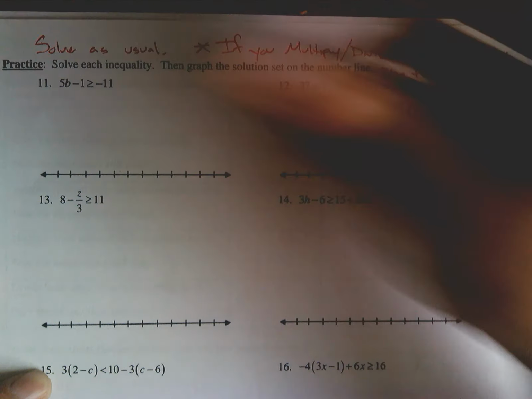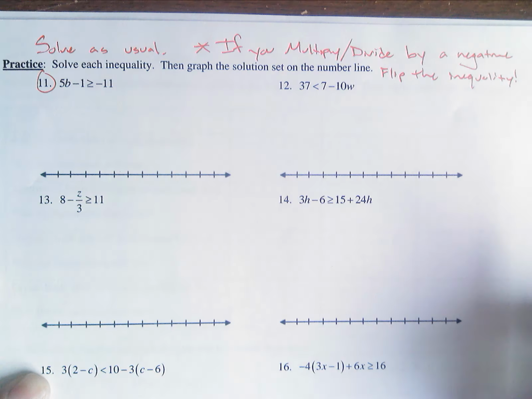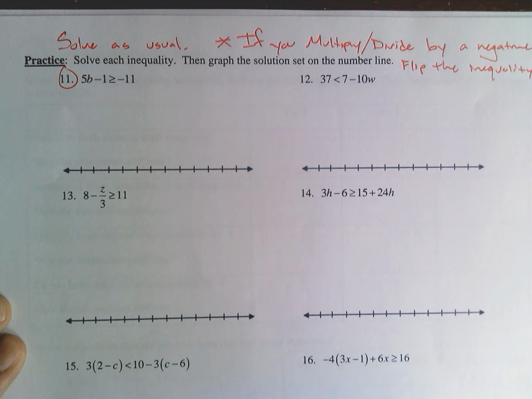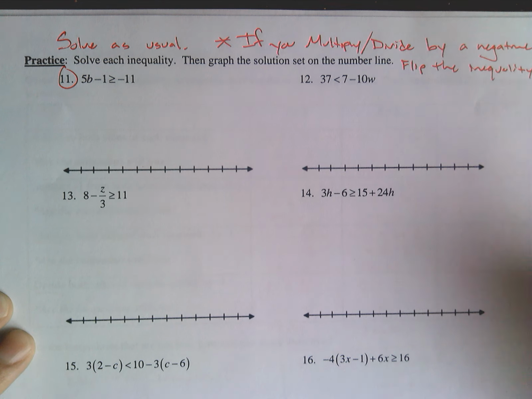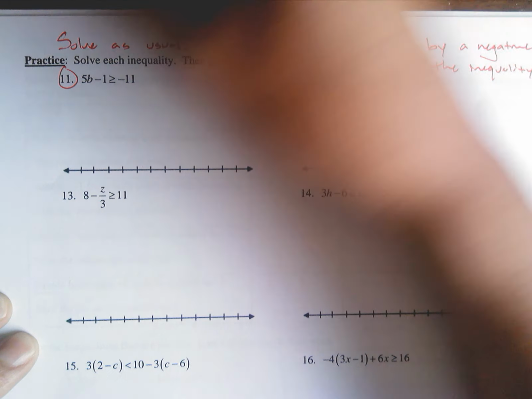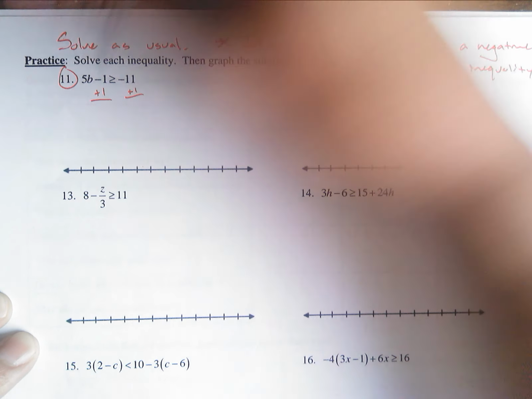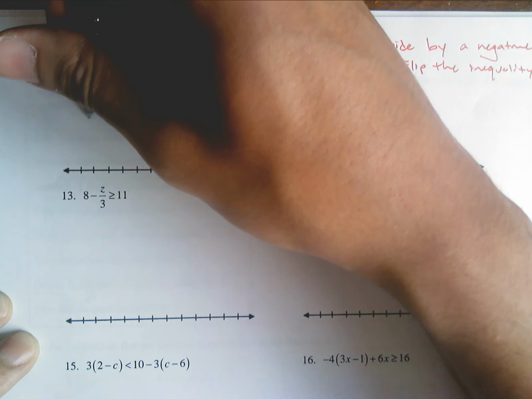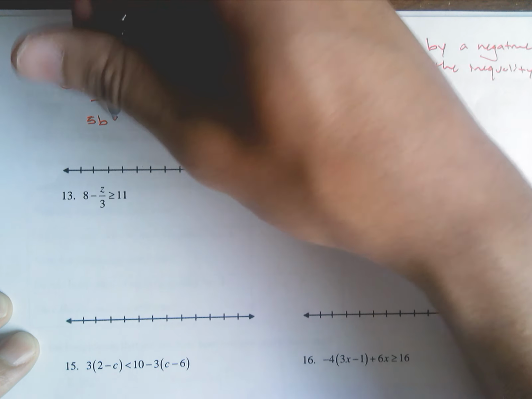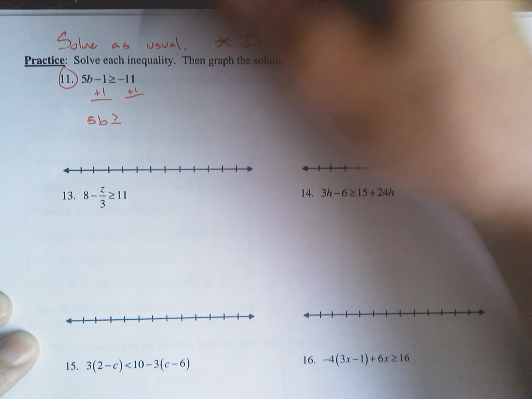Let's try number 11. So number 11, we have 5b minus 1 is greater than or equal to negative 11. We're going to solve as usual. Let's deal with that addition and subtraction first. See, we have minus 1, so we add 1 to both sides, and we get 5b is greater than or equal to negative 11 plus 1, that's negative 10.